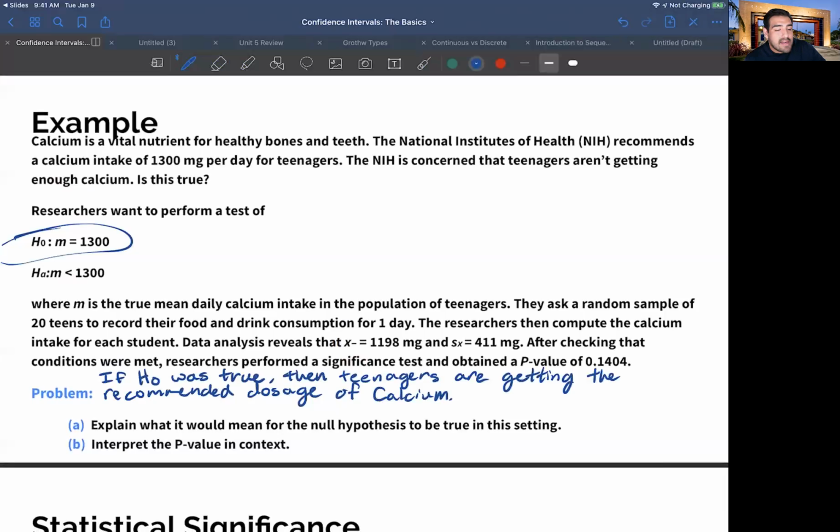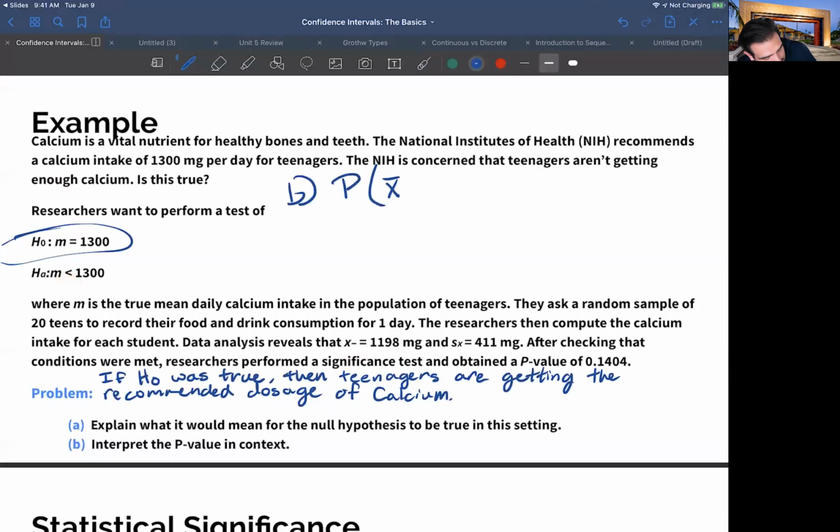Interpret the p-value in context, right? So based off of the average that I get, I'm going to do it up here. The p-value, remember, is the probability of the sample being, look at our alternative, we're looking at less than.